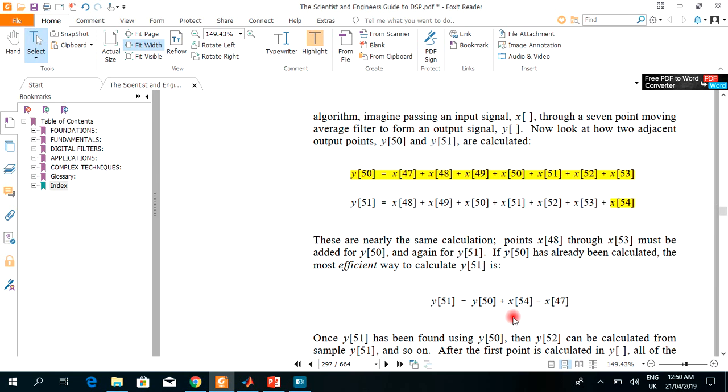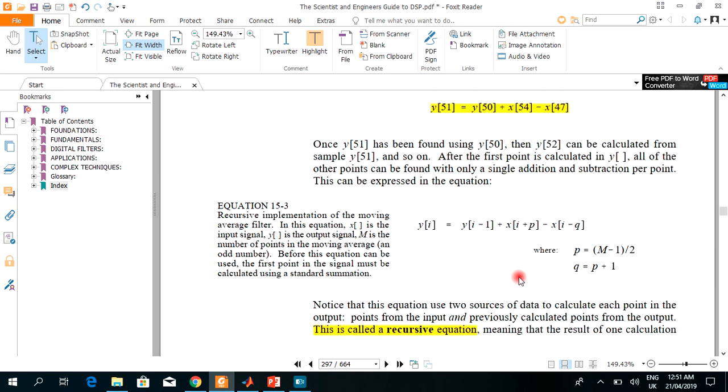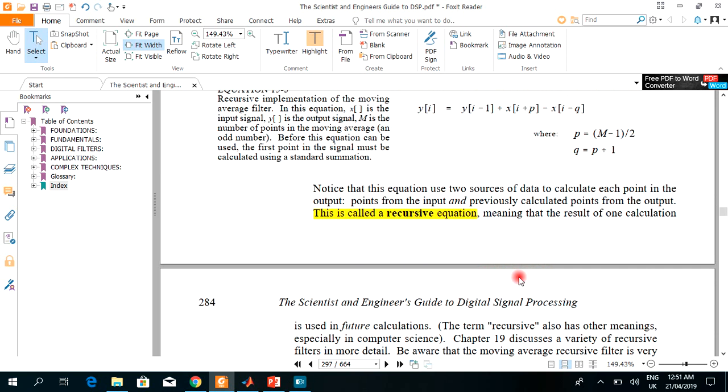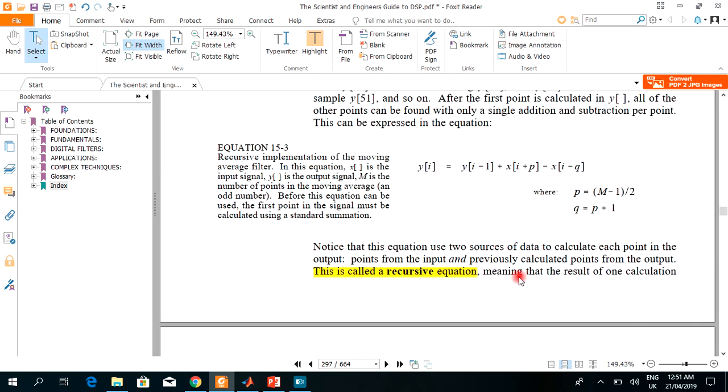So this filter having a finite impulse response can be implemented by this equation having an infinite impulse response. As you can see, in the general form it is represented by this equation.